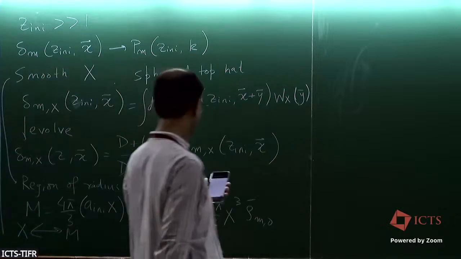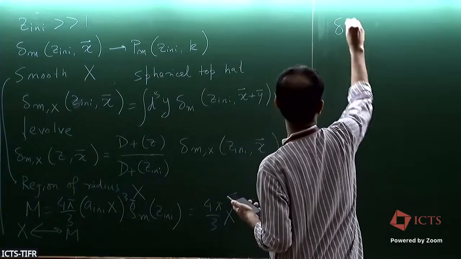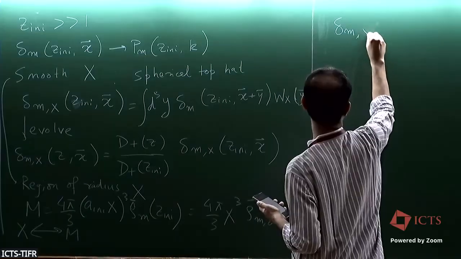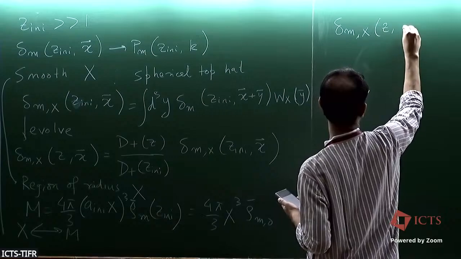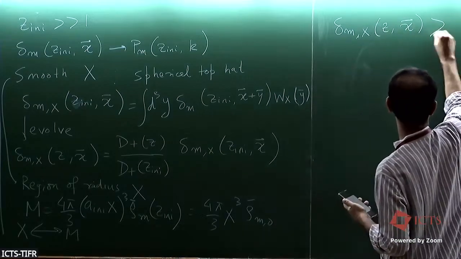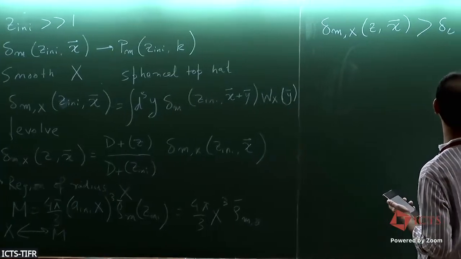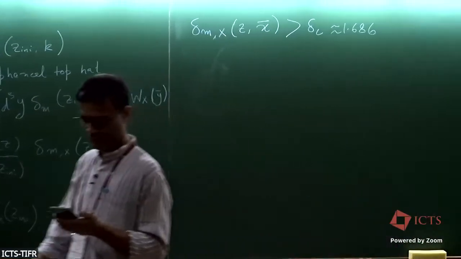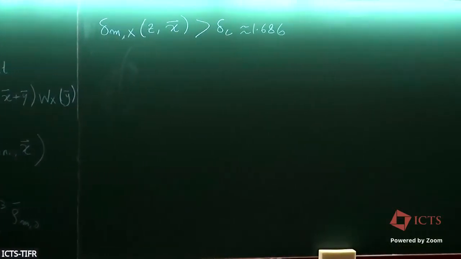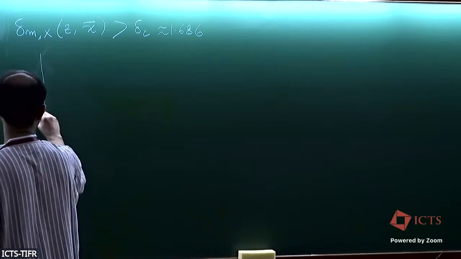So basically what it means is that I have to just look for places where delta m x z, the smoothed overdensity, is greater than delta critical. Delta critical is 1.686. That 1.686 comes from spherical collapse. While doing spherical collapse, what we saw is that you have a spherical region.